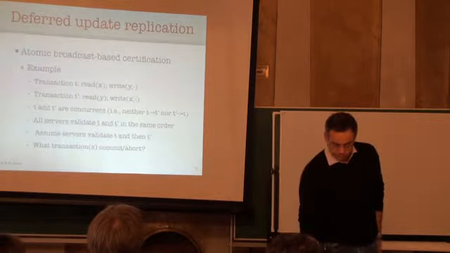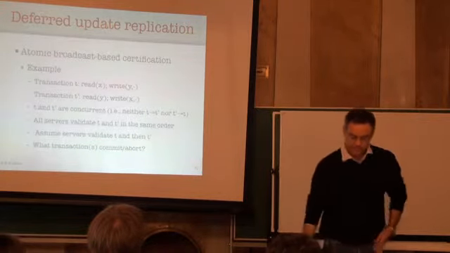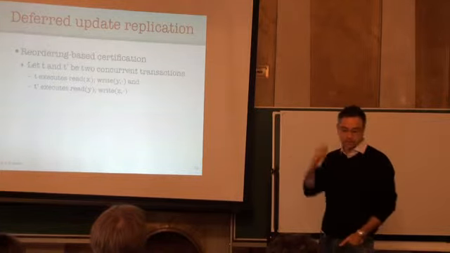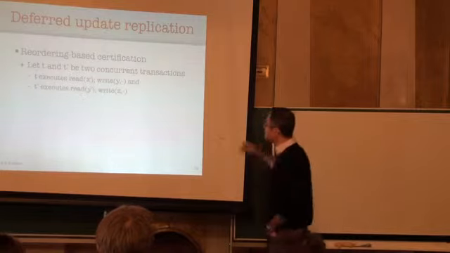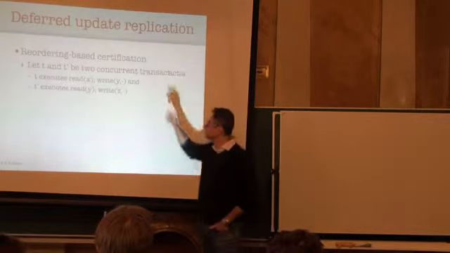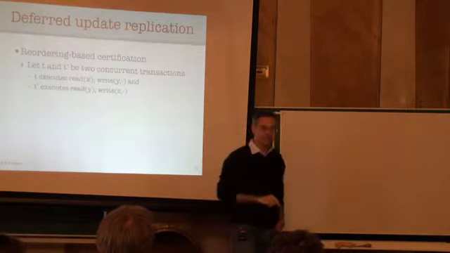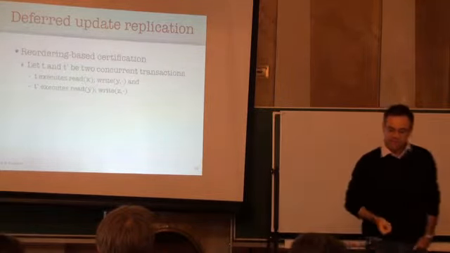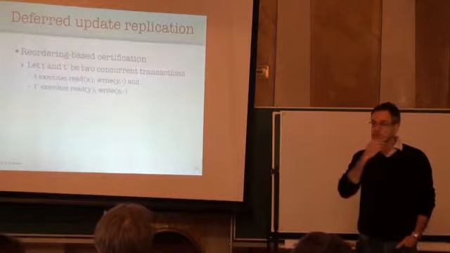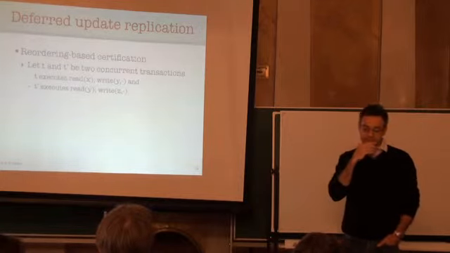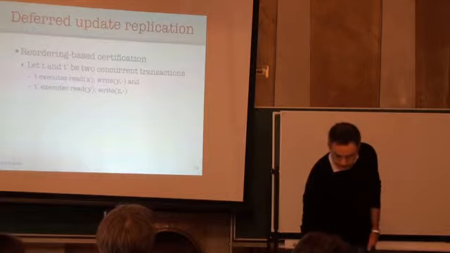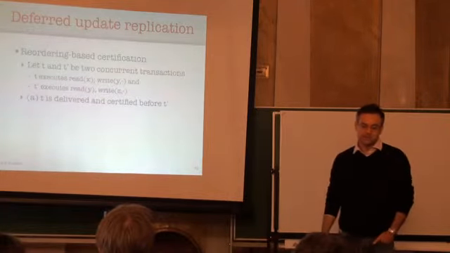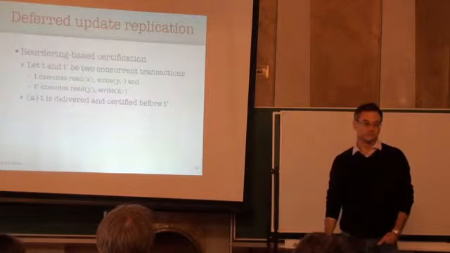Now let's look at another example. Let me change the operations performed by T and T prime. Now T reads X and writes Y, and T prime reads Y and writes Z, a different variable. And let's assume here, case A, T is delivered and certified before T prime.